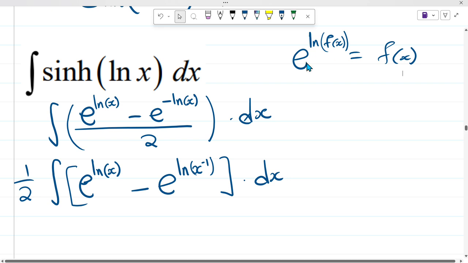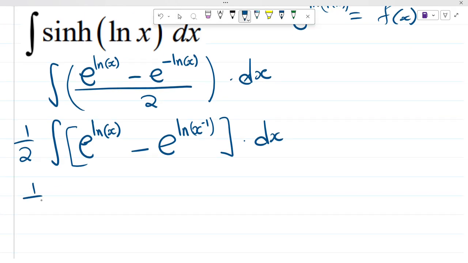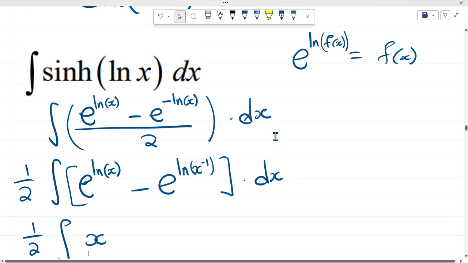It means that whenever you have an exponential function of e to the power natural log of something, the answer is just the argument of that natural log, you understand? So if it's x here, then it's going to be x. If it's f of x, it's just going to be that. So e to the power ln of x is just going to be equivalent to x. That's what it means.